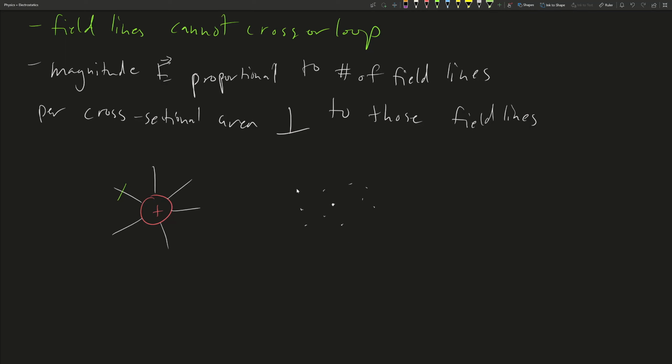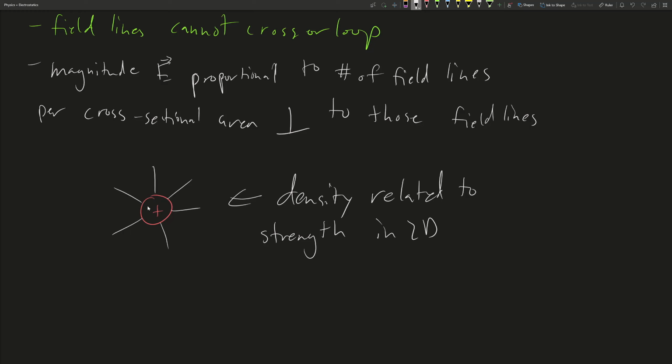Because this is in 3D space, you can't see the strength of these electric fields directly from a 2D representation, but the density of field lines still indicates the strength of the field. It's just not directly proportional in 2D. So the density is related to, but not proportional to, the strength of the field in 2D.